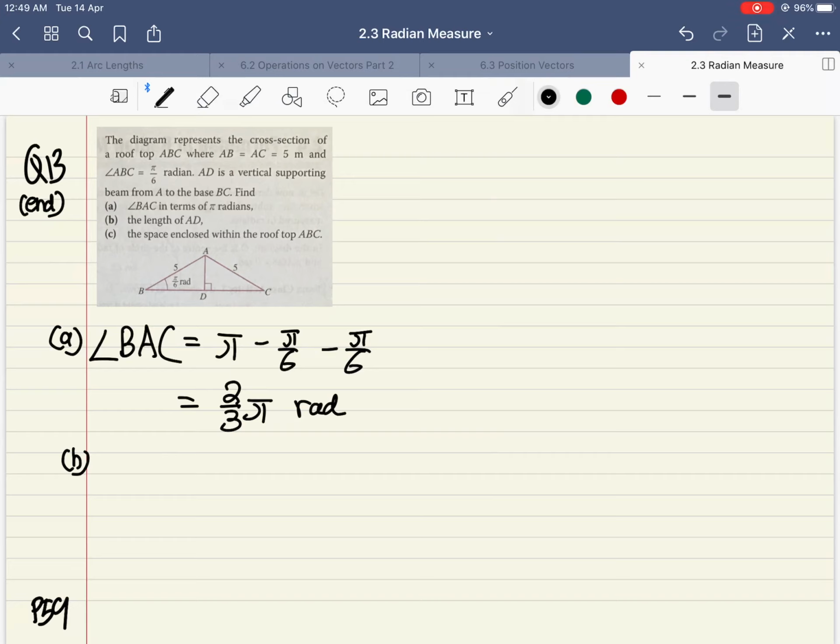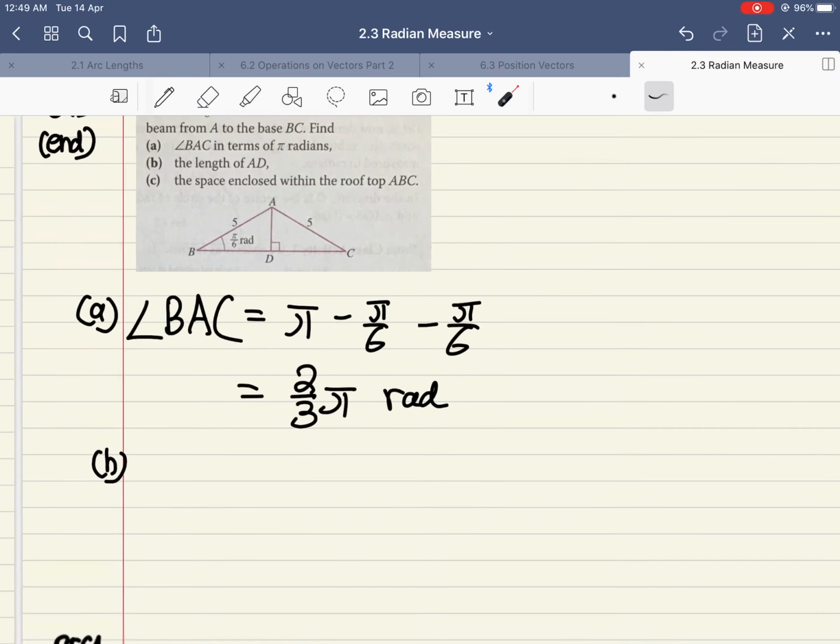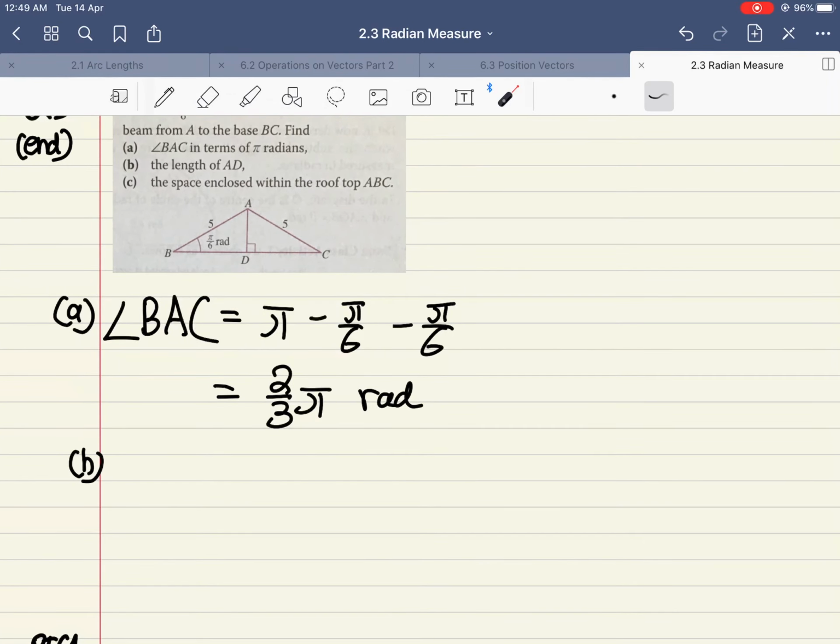Now, I will look at part B, the length of AD. Since we are dealing with a right-angled triangle, I can apply the trigonometric ratios. I'm trying to find the length of AD. With respect to this angle, this is the opposite, and I also have the hypotenuse here. Opposite and hypotenuse means I can use the sine ratio.